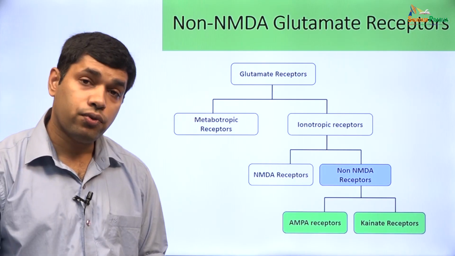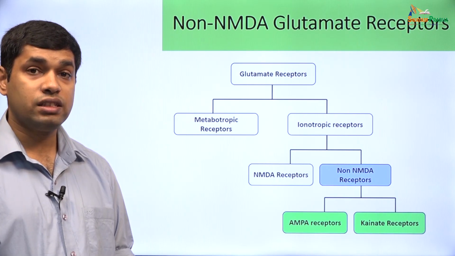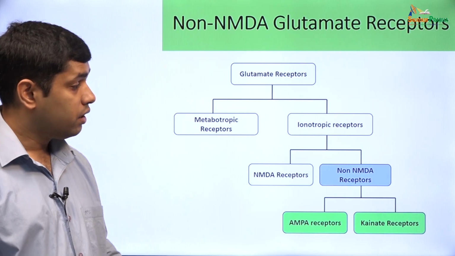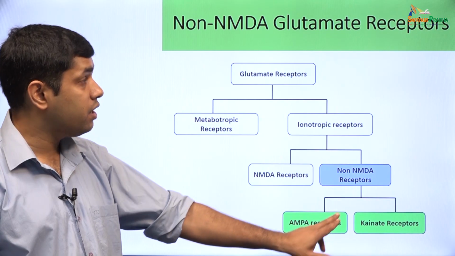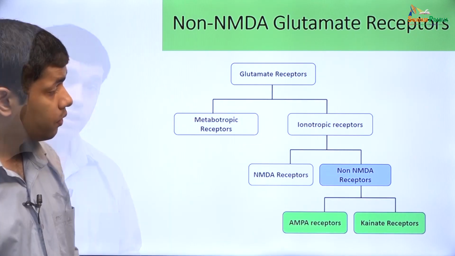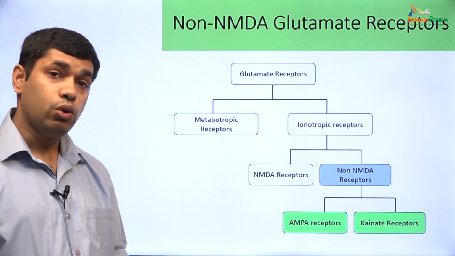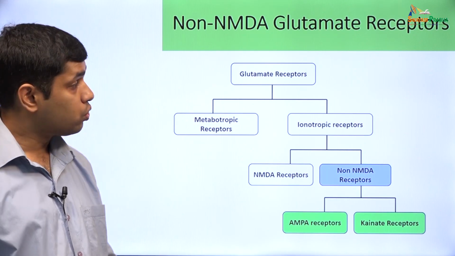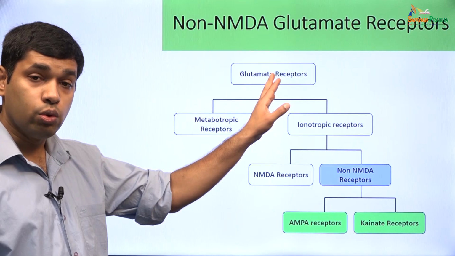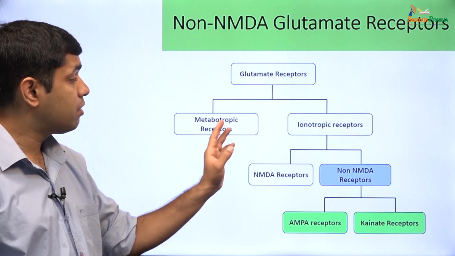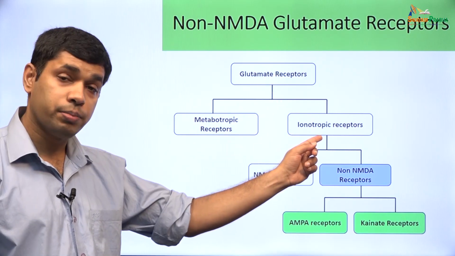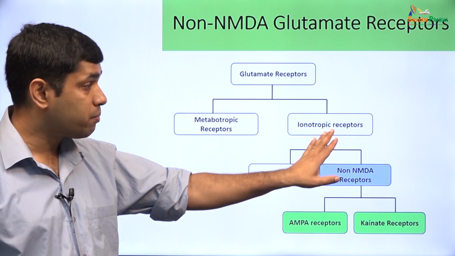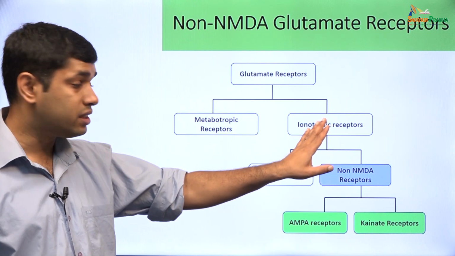The next type of non-specific monovalent cation channels that we'll discuss is the non-NMDA glutamate receptors. Now we know that glutamate is an excitatory neurotransmitter. If you look at the different glutamate receptors, you could classify them as metabotropic receptors or ionotropic receptors. These ionotropic receptors are actually ion channels themselves.